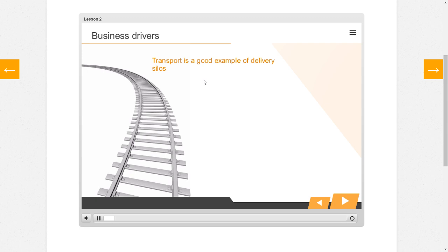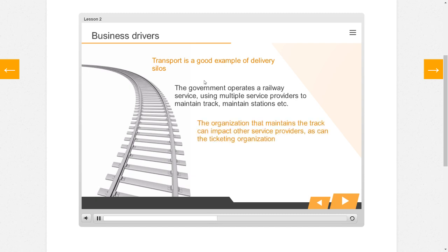We can find a real-world example of delivery silos affecting customer satisfaction in transport. A government acts as the customer organization, operating a railway service for the general public. To operate the service, it engages multiple service providers to maintain the track, maintain stations, operate trains, run ticketing systems, provide staff, and more. If the organization maintaining the track works in a silo, it could schedule track closures without alerting the train operators, leading to delays.